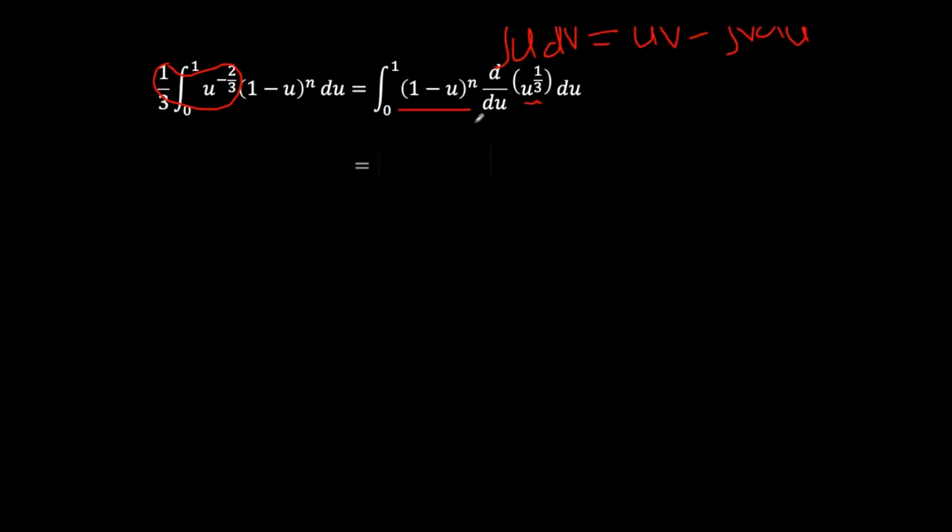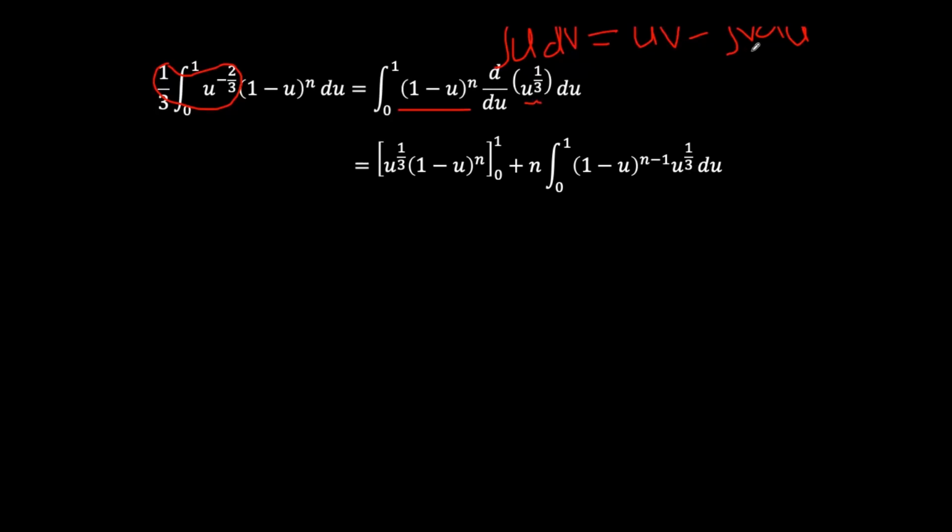So our UV would be the product of u to the power 1/3 and (1 minus u) to the power n, applying the limits appropriately, plus now the derivative: n comes down, and the derivative of 1 minus u is negative 1, so the minus here and the negative that comes from differentiating would interact and we have a plus here. So we have the integral from 0 to 1 of (1 minus u) to the power n minus 1, because we differentiated this (1 minus u) to the power n.